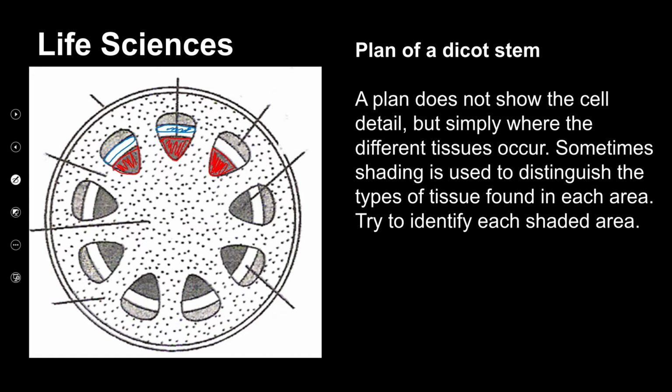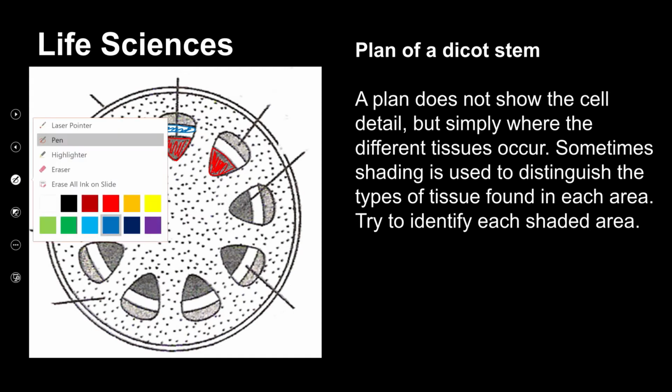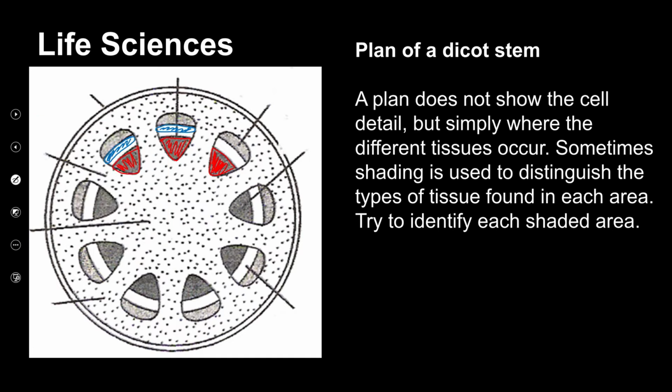So that would be an area of phloem. Then we would also find the bundle cap of sclerenchyma. The last part of the vascular bundle is this area here between the xylem and the phloem, and that is where the cambium or meristematic tissue is found.